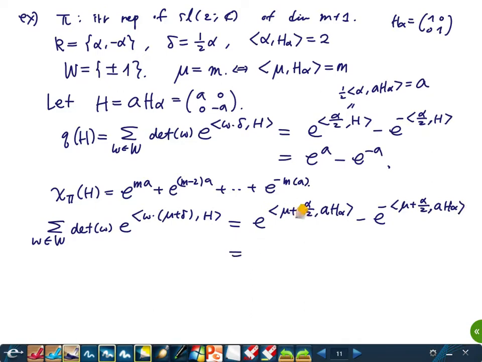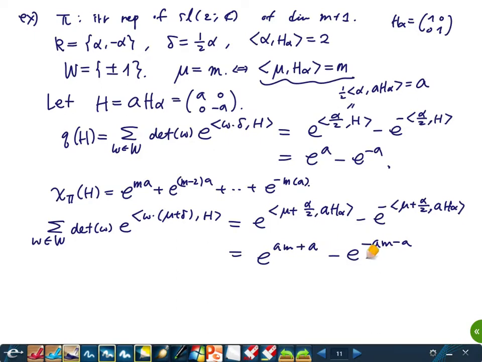And what is that? Mu comma h alpha. That is m. So this part e to the m, but we have a, so am. This inner product with this, we know that that's going to be a. This is minus of that, so that's exactly what we have seen already.